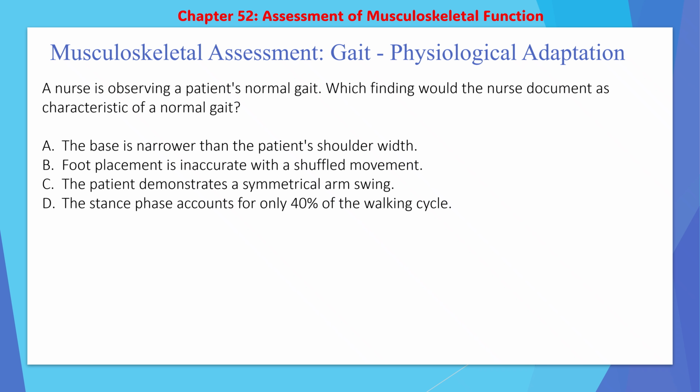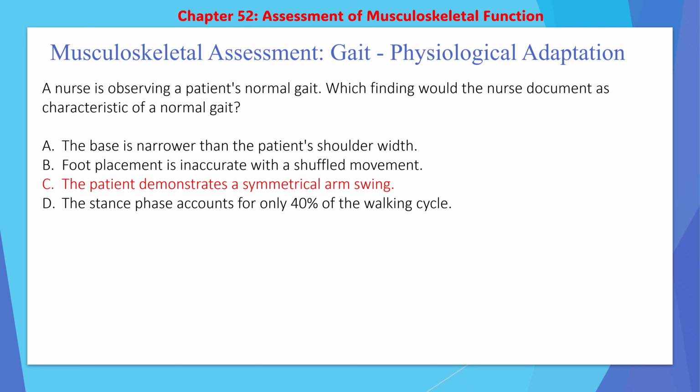A, the base is narrower than the patient's shoulder width. B, foot placement is inaccurate with a shuffled movement. C, the patient demonstrates a symmetrical arm swing. D, the stance phase accounts for only 40% of a walking cycle.